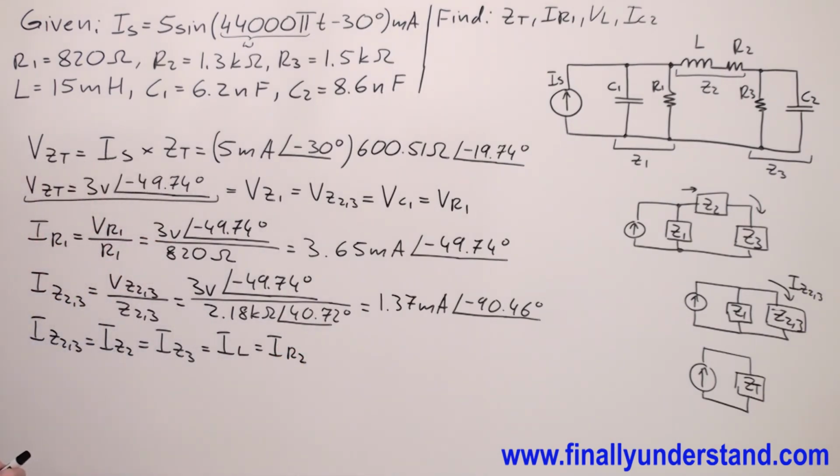Okay, so in order to find VL, I'm going to use Ohm's law. VL is equal IL times ZL.